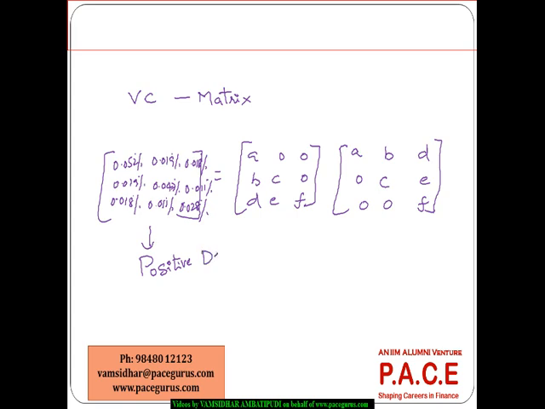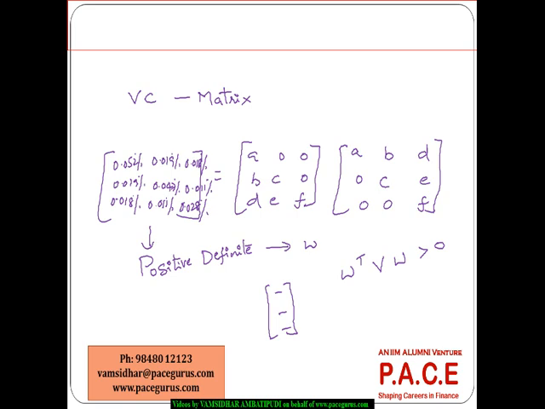When we are saying positive definite, I take any vector W, which could be any weights. What we are simply saying is that W transpose multiplied by this variance covariance matrix multiplied by W should be positive at any point.